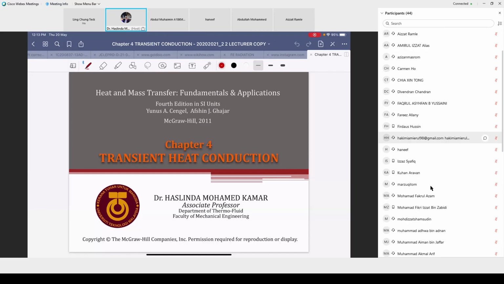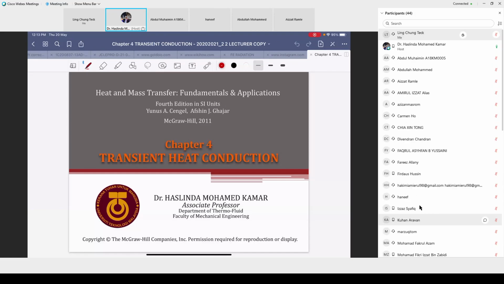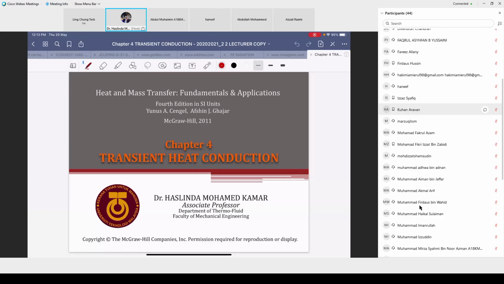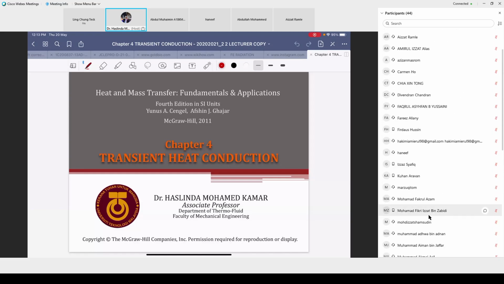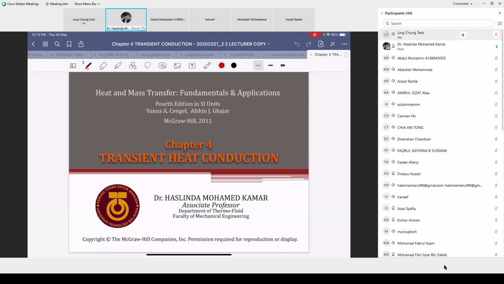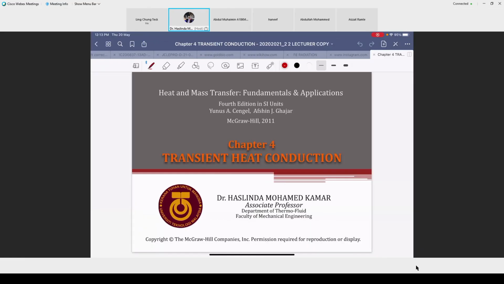When I say conduction, straight away, this is a solid material. So what do you need to know about solid material? I must know the k values, maybe diffusivity, thermal conductivity, specific heat capacity, density, everything to do with the solid medium.